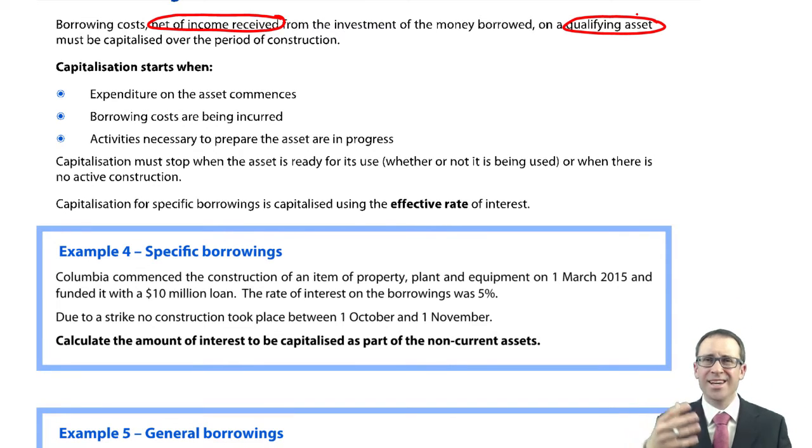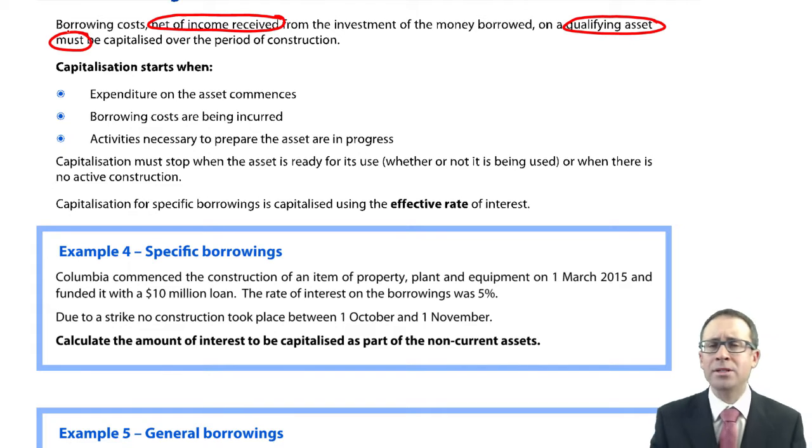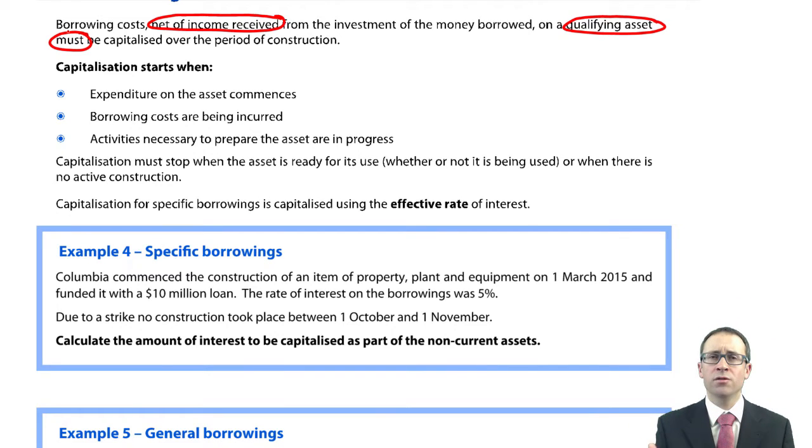By definition, a qualifying asset is an asset that takes a substantial period of time to construct. And the key bit now is that it must be capitalized. In the old days, you had the choice of whether or not to capitalize, which reduced the comparability between entities. If one entity capitalized the interest, they would have a higher value of the asset and therefore a higher depreciation charge, compared to a company that didn't capitalize the interest, which would have a lower depreciation charge but a higher interest expense.